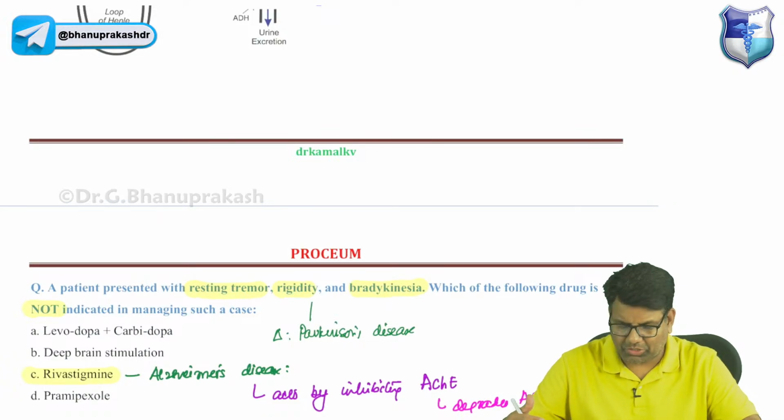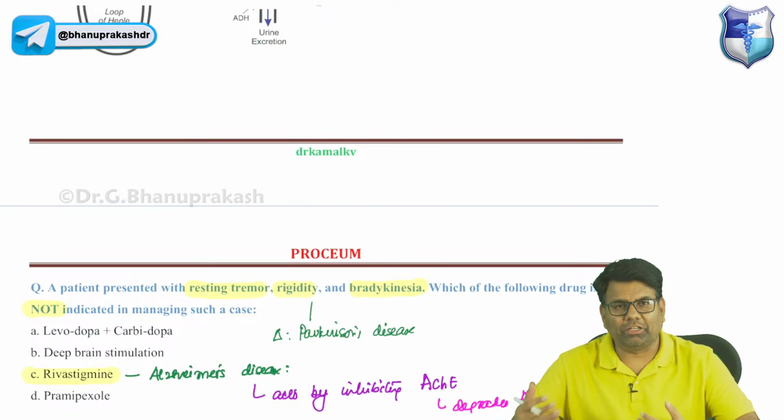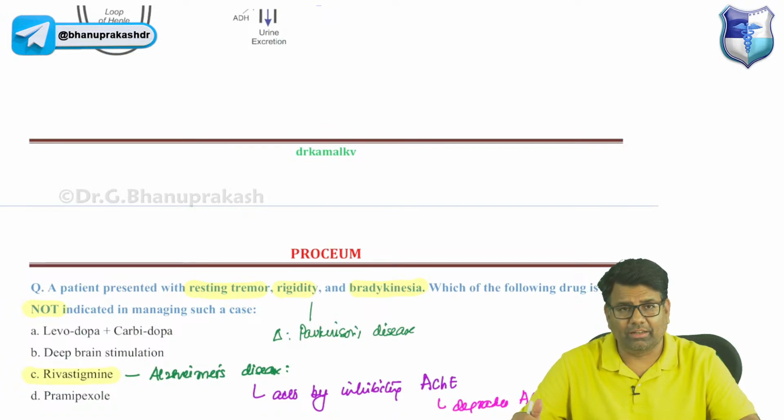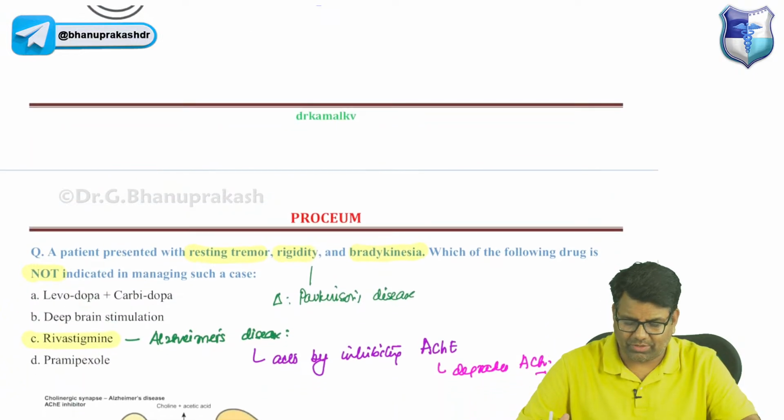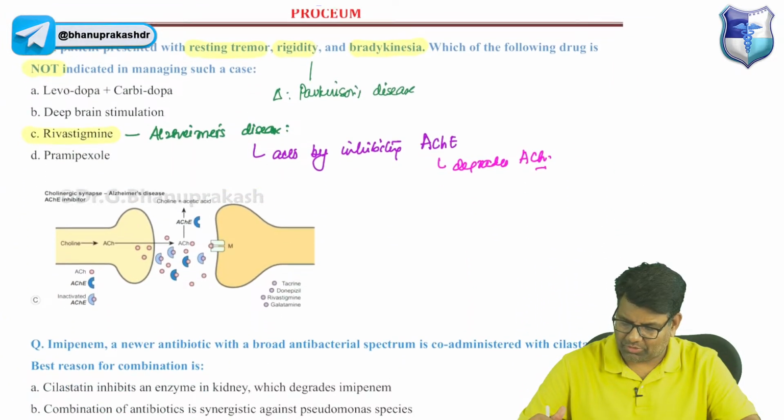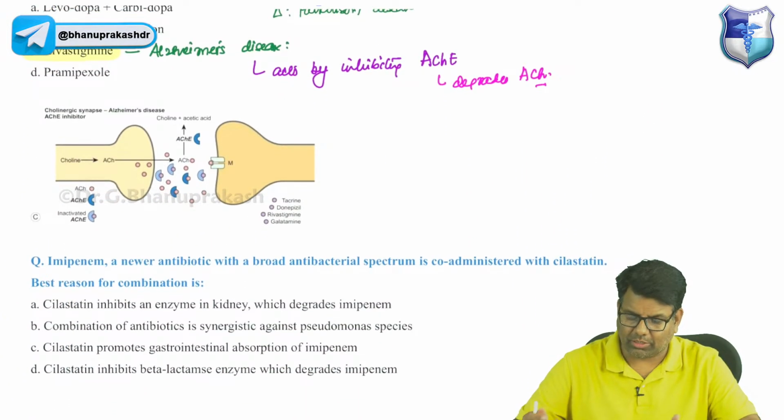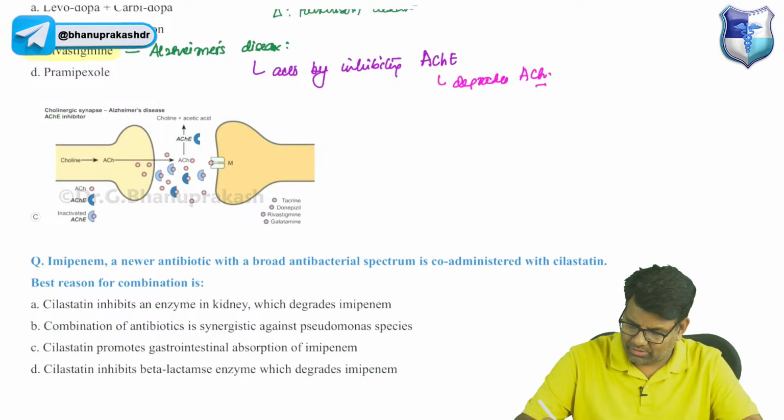This makes sure that whatever functioning neurons are there, at least the acetylcholine which is secreted is preserved. It is not destroyed by acetylcholinesterase. Right? So rivastigmine has nothing to do with Parkinson's disease.